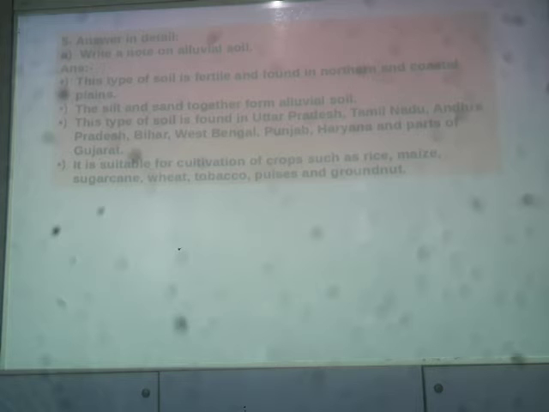So there are too many regions and areas where this type of soil is found.